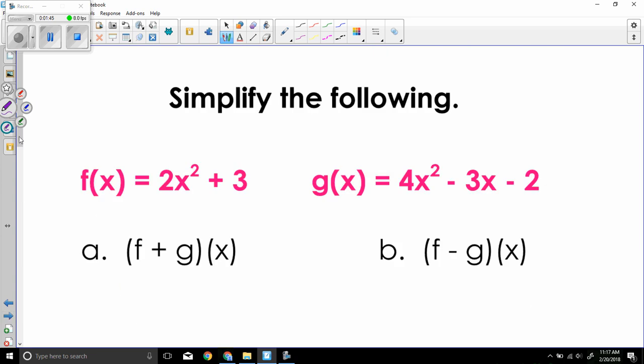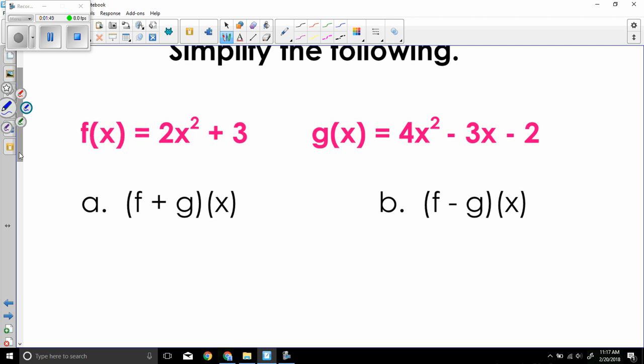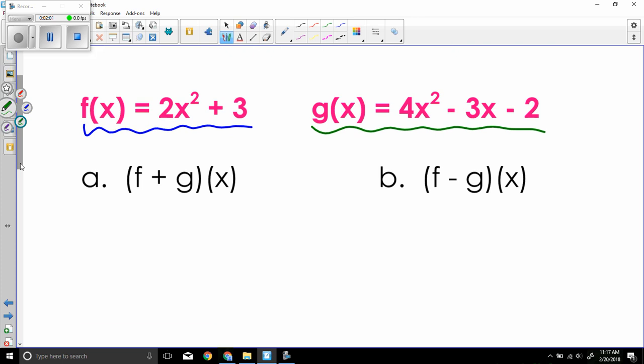Okay, now that we have the basic operation properties written down, let's do some examples. Here I have f of x is equal to 2x squared plus 3, and g of x is equal to 4x squared minus 3x minus 2. I'll try to keep this color-coded here. So right now I have f plus g of x. If I think about the properties, that's just f of x plus g of x.